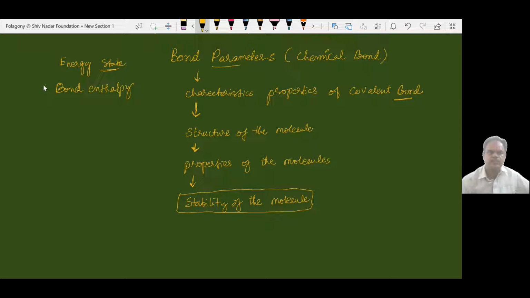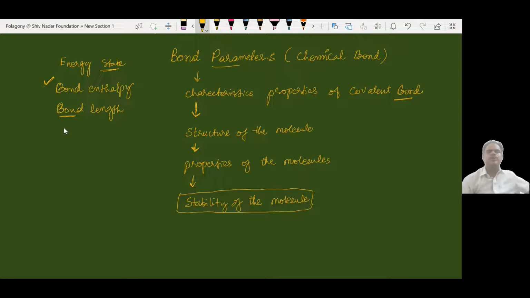This is one of the parameters. And the bond enthalpy depends upon one more characteristic, the bond length between the atoms present in the molecule. So we must know the bond length, the distance between the two atoms.